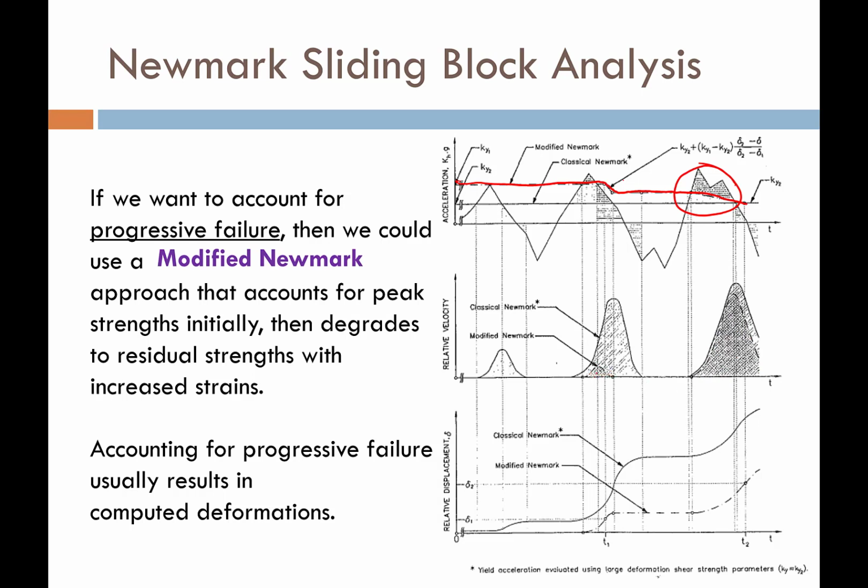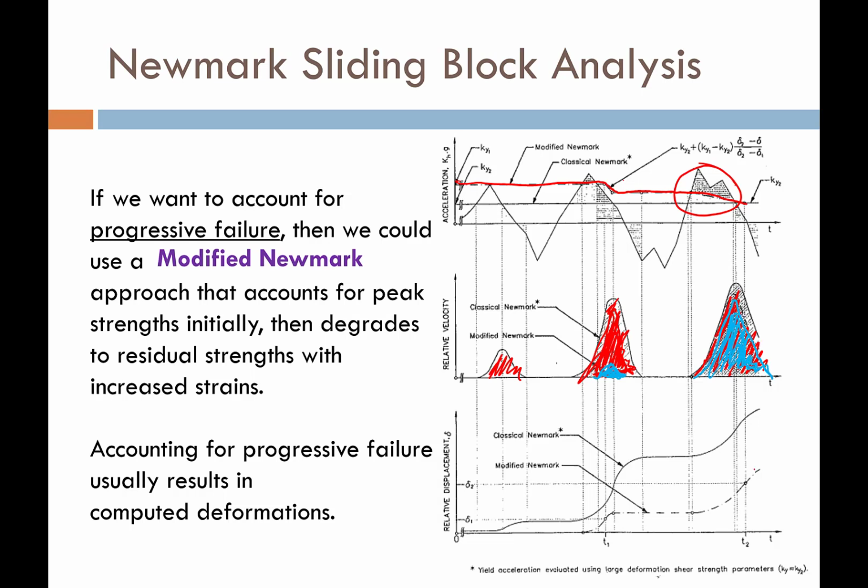of the record. But if we compare then these relative velocities, what I'm shading here in red is from the classical Newmark approach. And then if I change my pen color to something else, maybe blue, what we see down here is from the modified Newmark. There's less relative velocity.